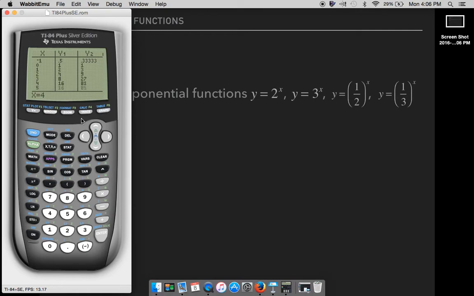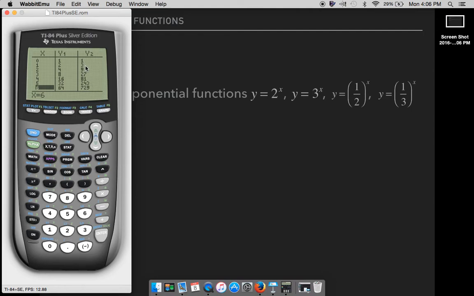Okay, so they both at 0 are 1. But then at 1, we had 2, now we have 3. And then it's 9 at 2. At 3, it's 27. At 4, it's 81. At 5, it's 243. So quite a bit steeper. Those y values are quite large. And let's look at what happens each time.